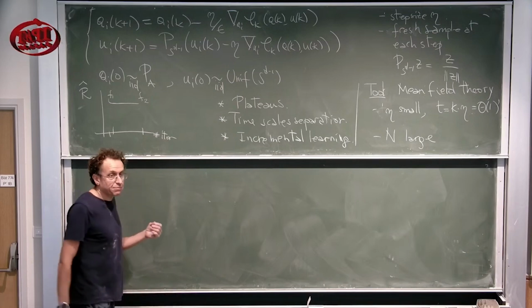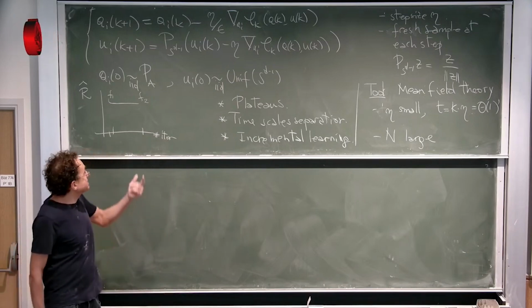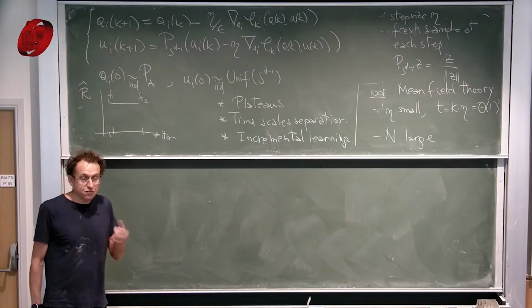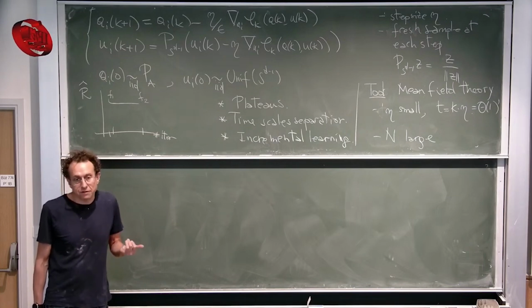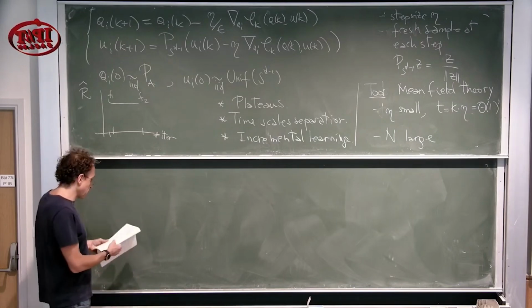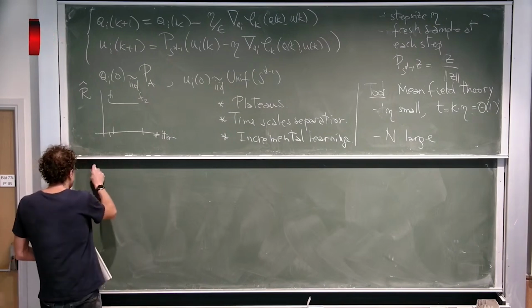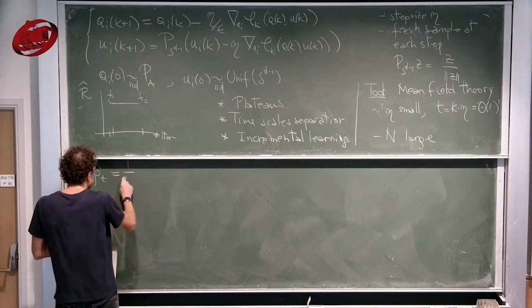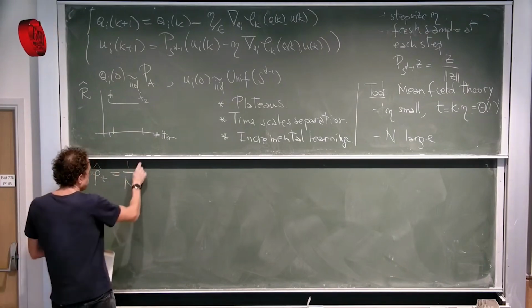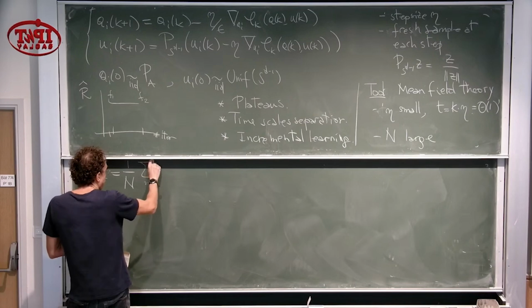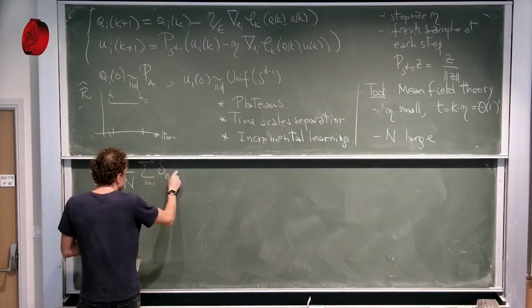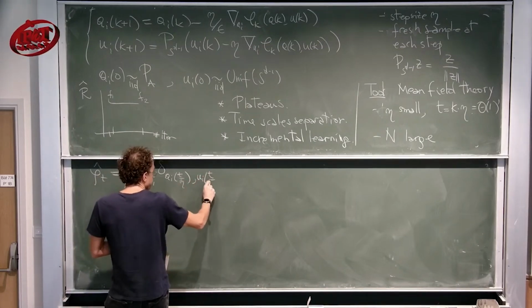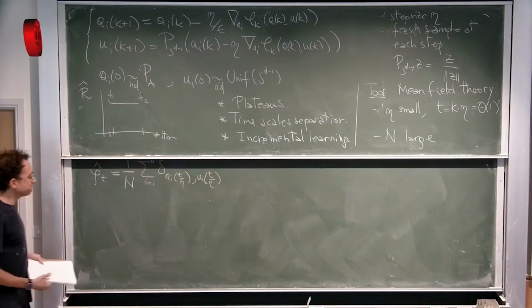So you have these capital N neurons, and it's clear that the population risk doesn't change if I permute the neurons. Nothing changes, right? So it's convenient to think of a representation that is invariant under permutations of the neurons. One way to do this is to use the empirical distribution of the neurons.